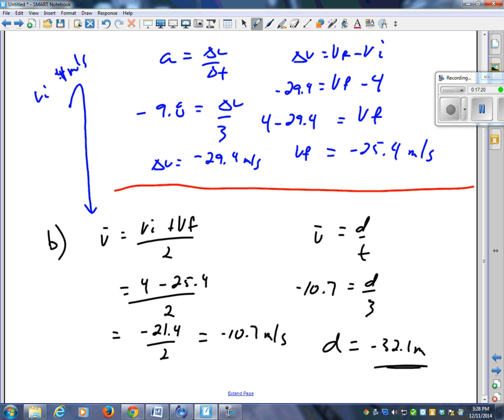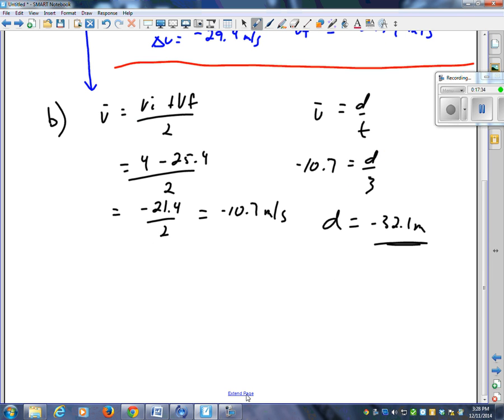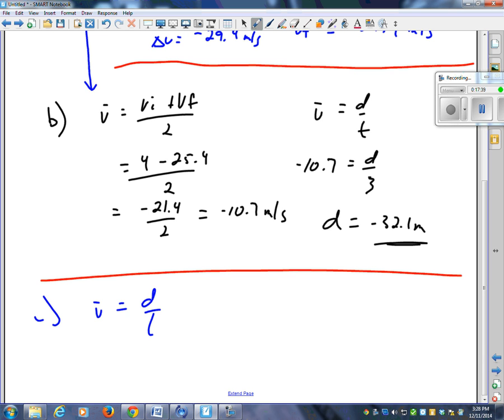Is it 32.1 meters below the helicopter? Why not? Because the helicopter's continuing to rise, isn't it? How do we figure out how far the helicopter has risen? The velocity of the helicopter was 4. The time is 3, so the helicopter rises by 12 meters.